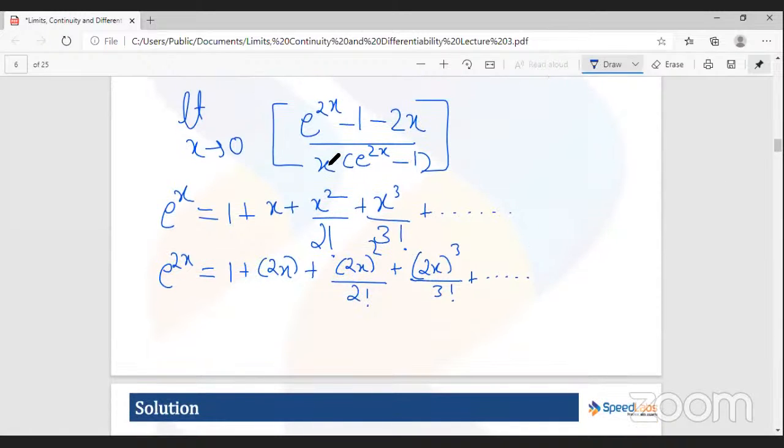So now let's put this expansion in place of e raised to the power 2x in this function.